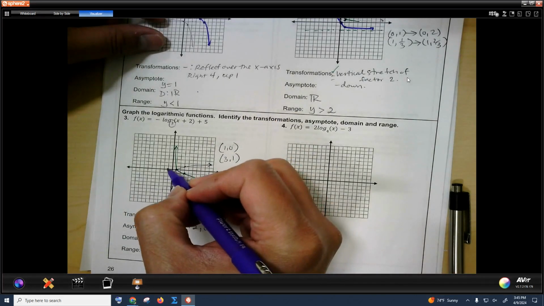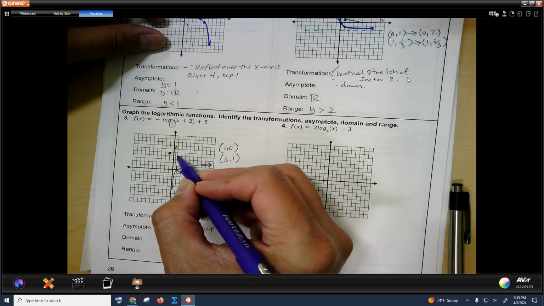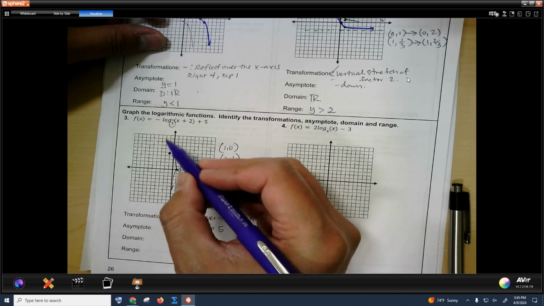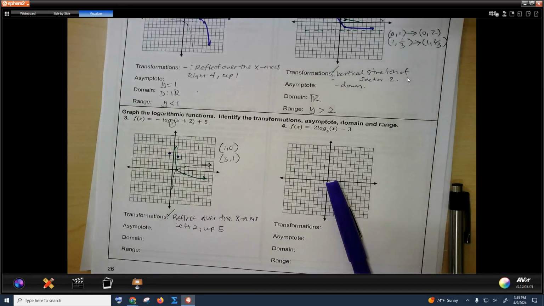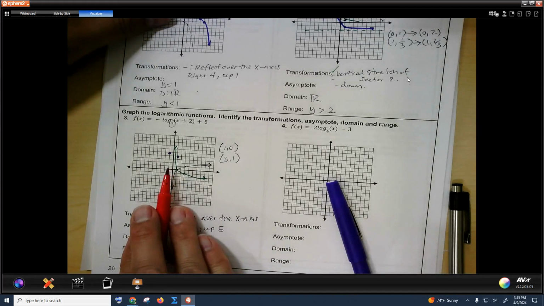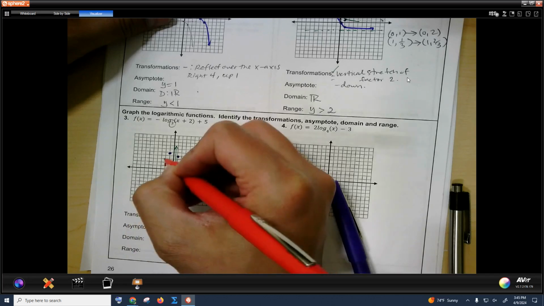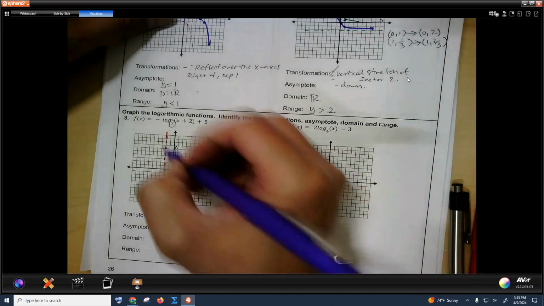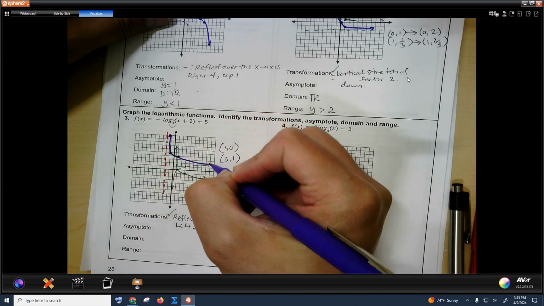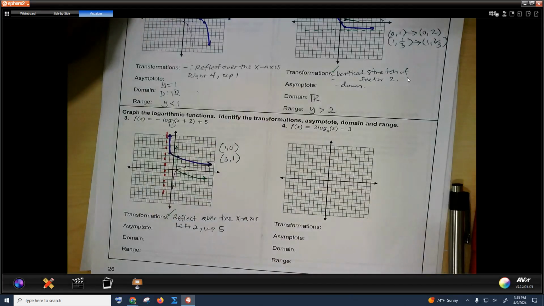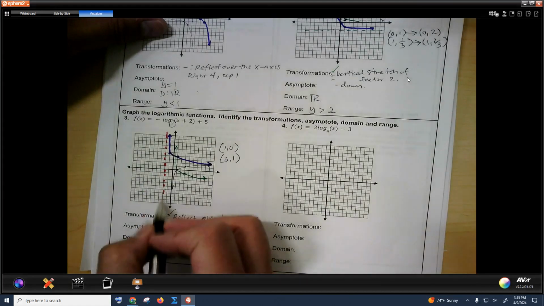So the graph is going to be here, and before you draw your graph though, move your vertical asymptote that was here, so it's here now. And then this shapes just like this green one, but up here. That's the main one you want. So asymptote is x equals -2.